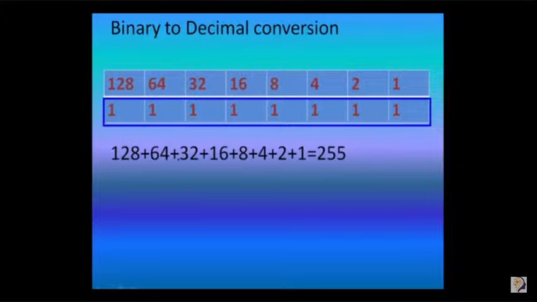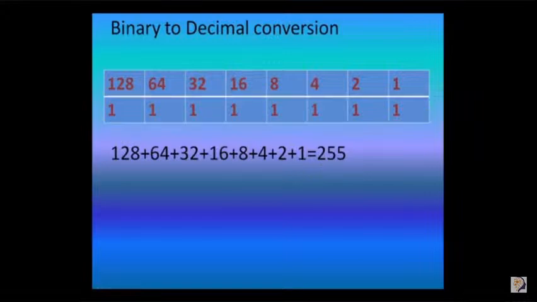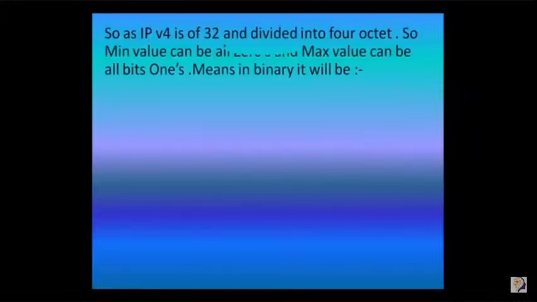One octet's maximum value can be up to 255. So as I'm repeating, it's 32 bits divided into 4 octets. So the minimum value can be 0 and the maximum can be 1.